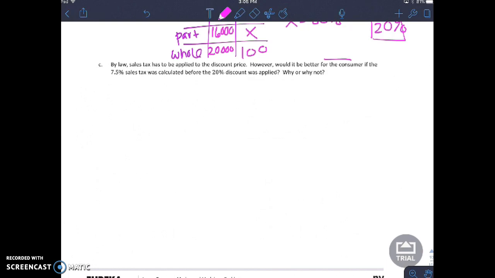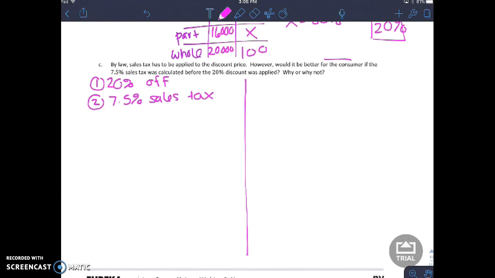the discount was applied? So I'm going to divide my section of work in half. I'd like you to do the same thing. In one scenario, what we're doing first is 20% off, and then we're going to add in 7.5% sales tax.